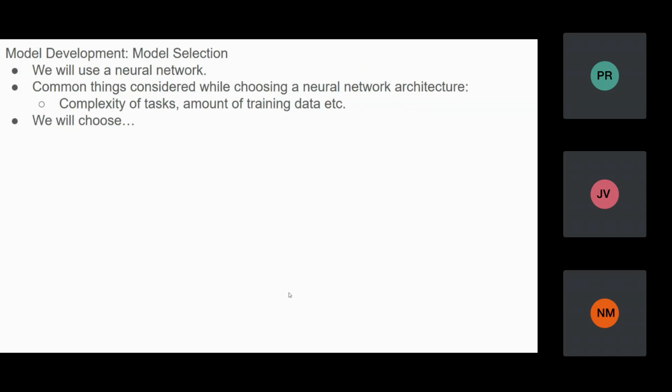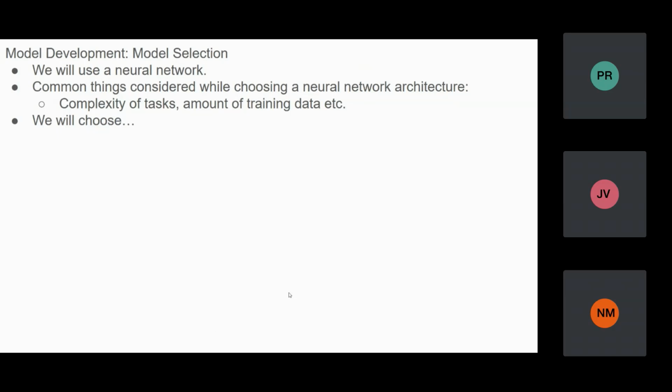So moving to model development, for model selection, we'll be using a neural network because a neural network is the standard method for learning embeddings. Then depending on the complexity of the task and the amount of training data, we can choose different neural network architectures, and there are also hyperparameters.